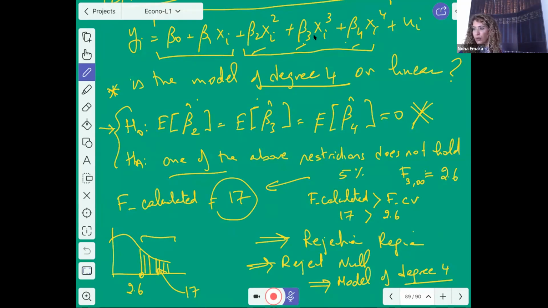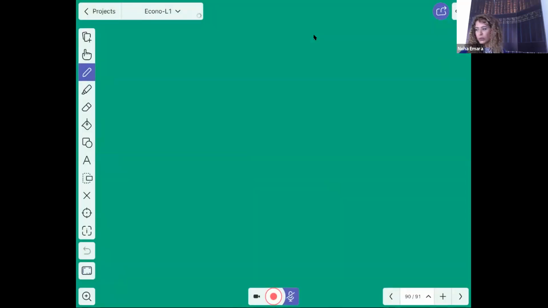Okay, so let me focus on the quadratic model. Why am I focusing on the quadratic model? Because this is what we use a lot in most of our applications. I'm going to give you 3 important things to talk about.